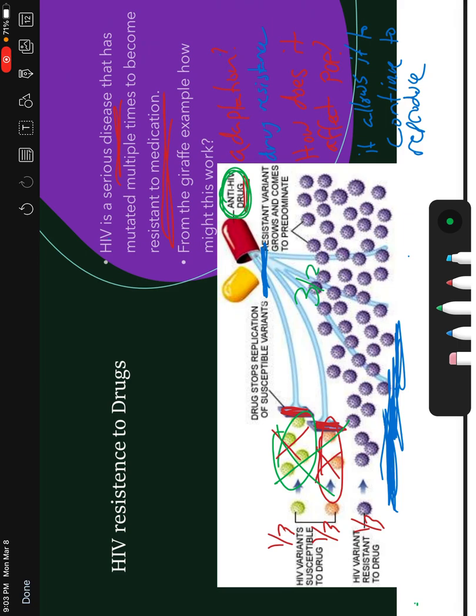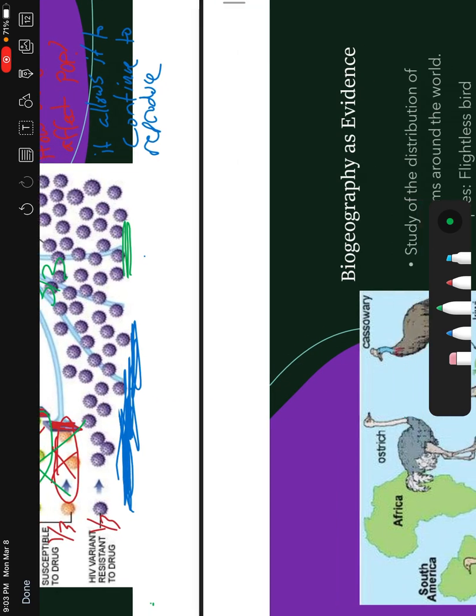So now all of the HIV is going to be the purple variant. So 100% will be purple, which is telling us that the genetic information has changed over the course of the drug application in the human's body.